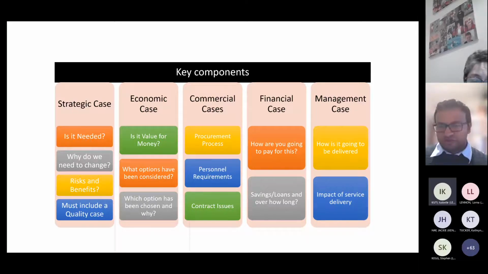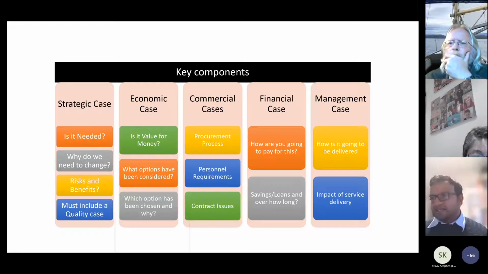And if you can fund it internally, you may not need a business case at all. If you need a business case, it's worth showing why you want it in this particular way and why you considered X, Y, and Z.